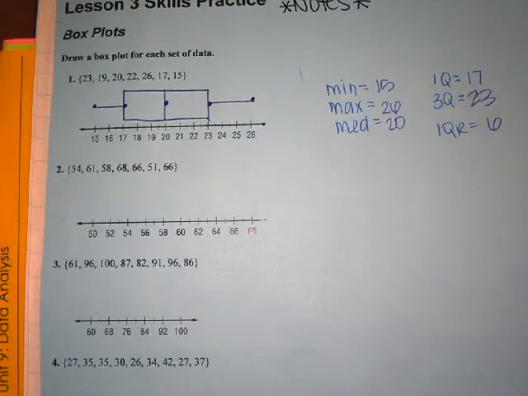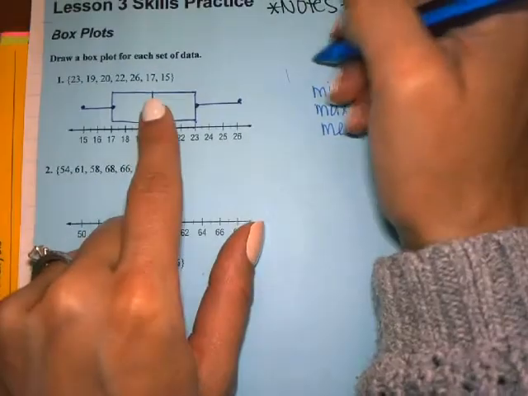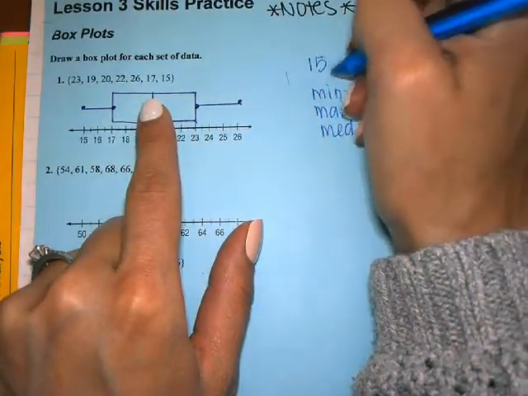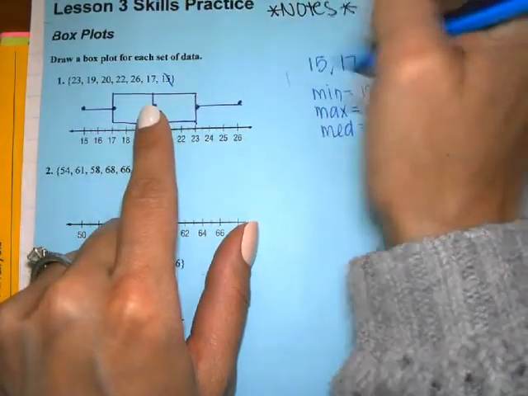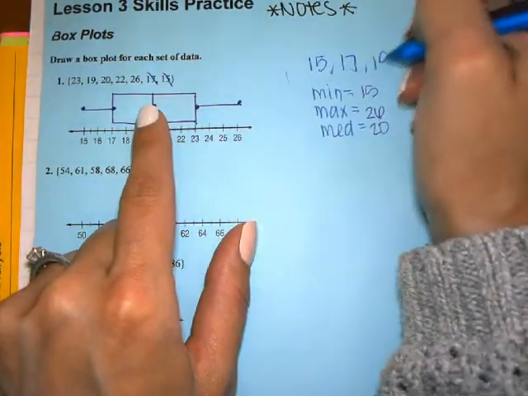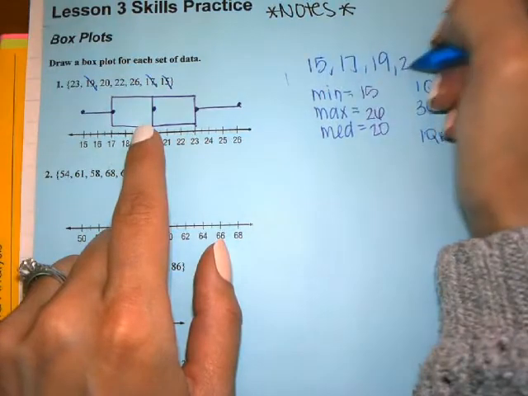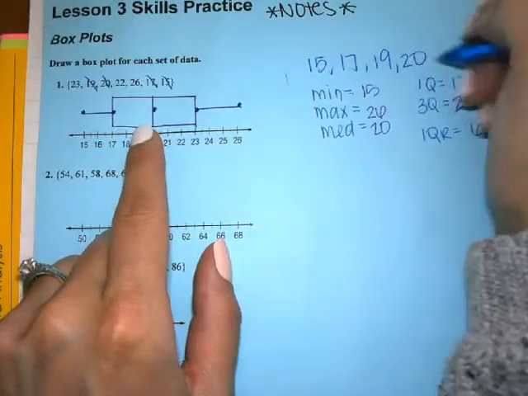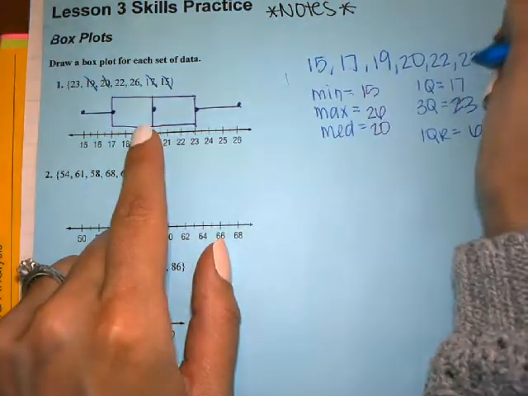Yes? Question, Eva? Was it just around? No. There was no round. So if you put your numbers in order from least to greatest, we should have 15, 17, 19, 20, 20, 22, 22, 23, 23, 26.